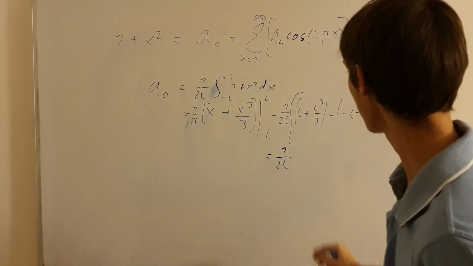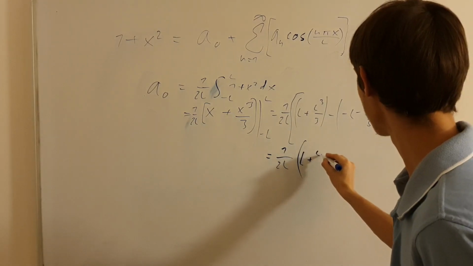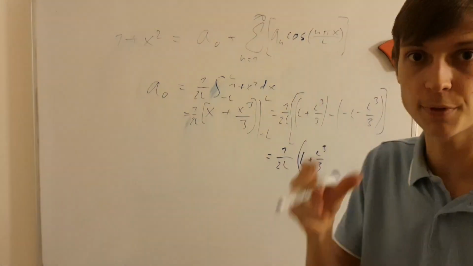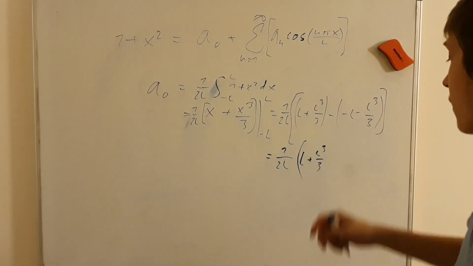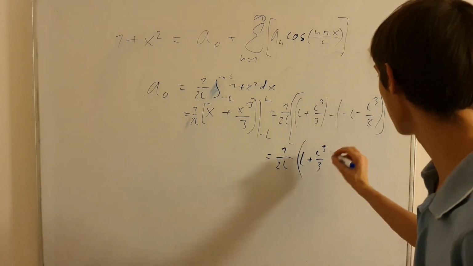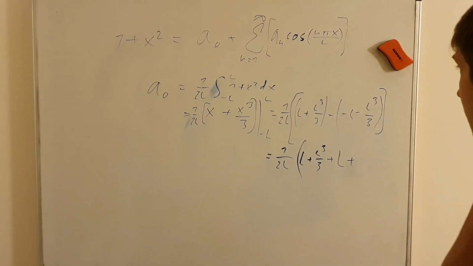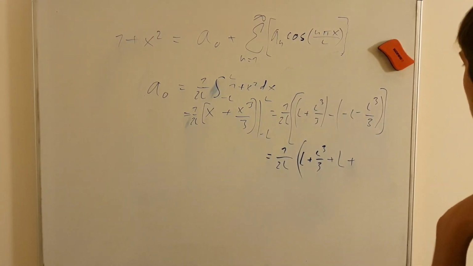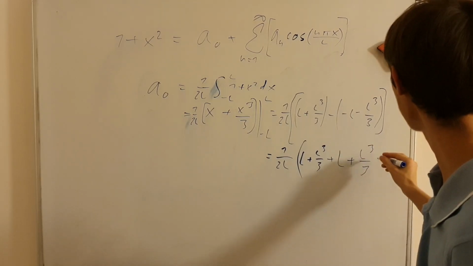It's 1 over 2L times L plus L to the third over 3. And still, this is far easier than the next integral, because I will be doing A sub n using integration by parts. And it will be a little more lengthy. So it's plus L, actually this ends up being plus again, so plus L to the third over 3.